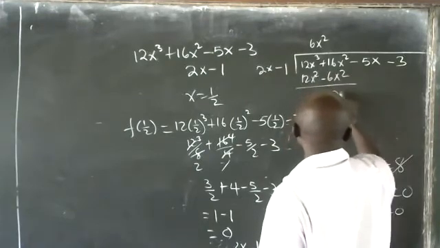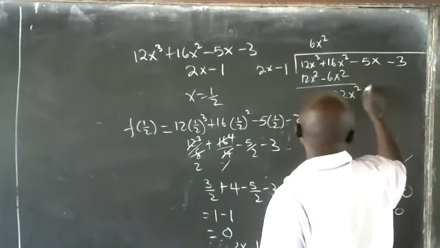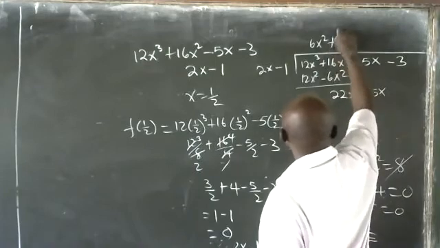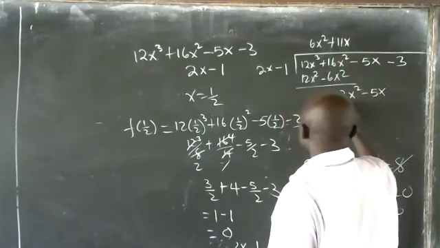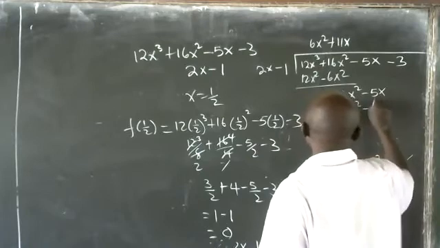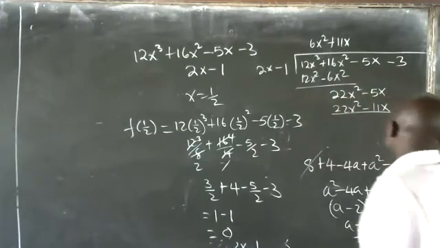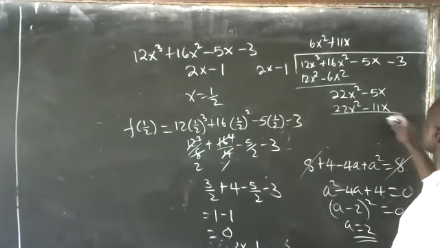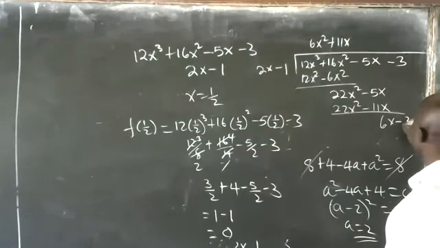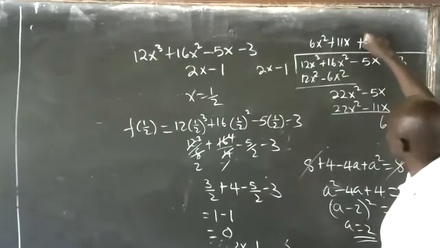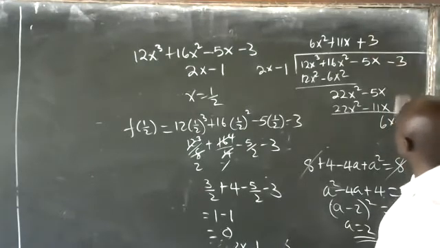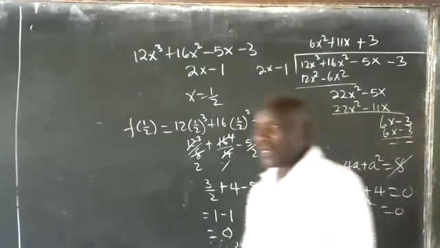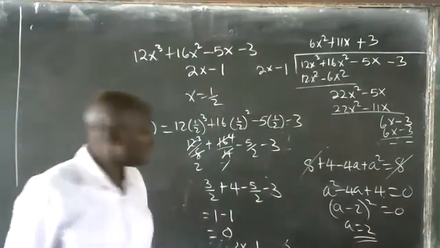You subtract, you have 22x squared minus 5x. This will be plus 11x. Then 22x squared minus 11x. Subtract. You have 6x minus 3. After that long division, we can now factorize it further.